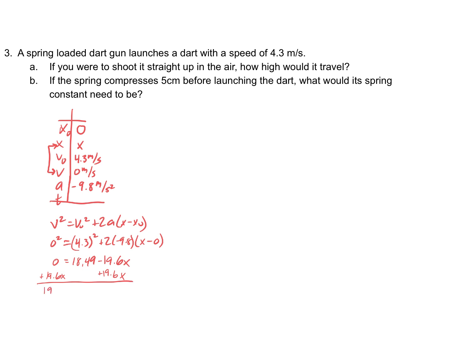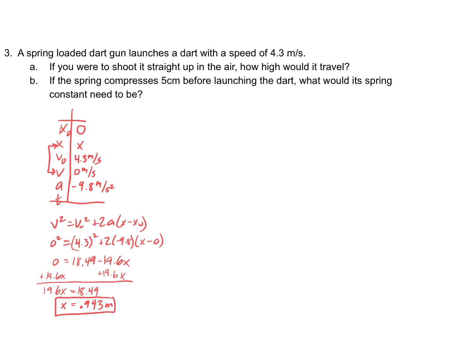So I'm going to have 19.6x equals 18.49. And so I take that 18.49 and divide it by 19.6, and I get x equals 0.943 meters. Ta-da! All right, so not too high, but it wasn't going very fast either.